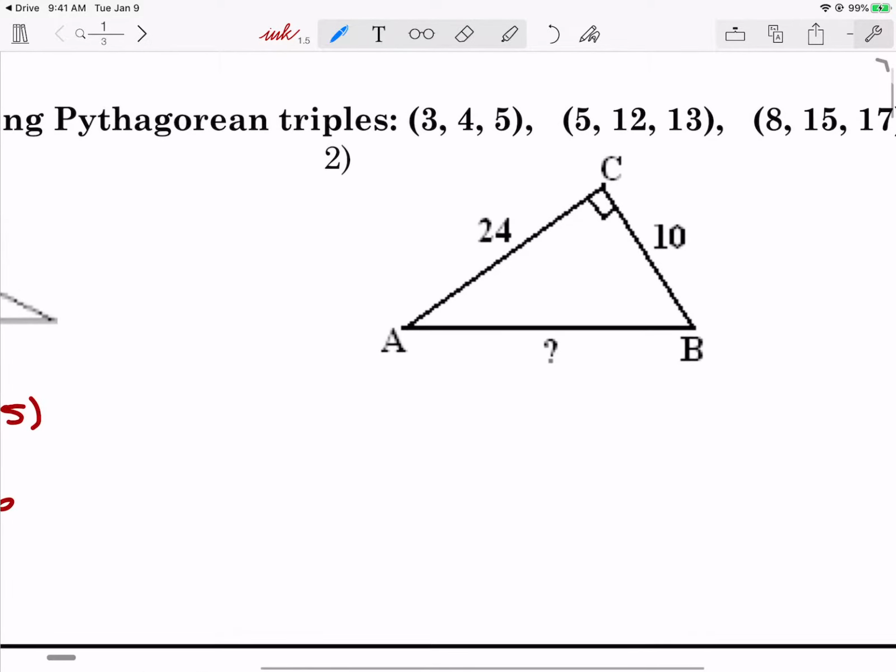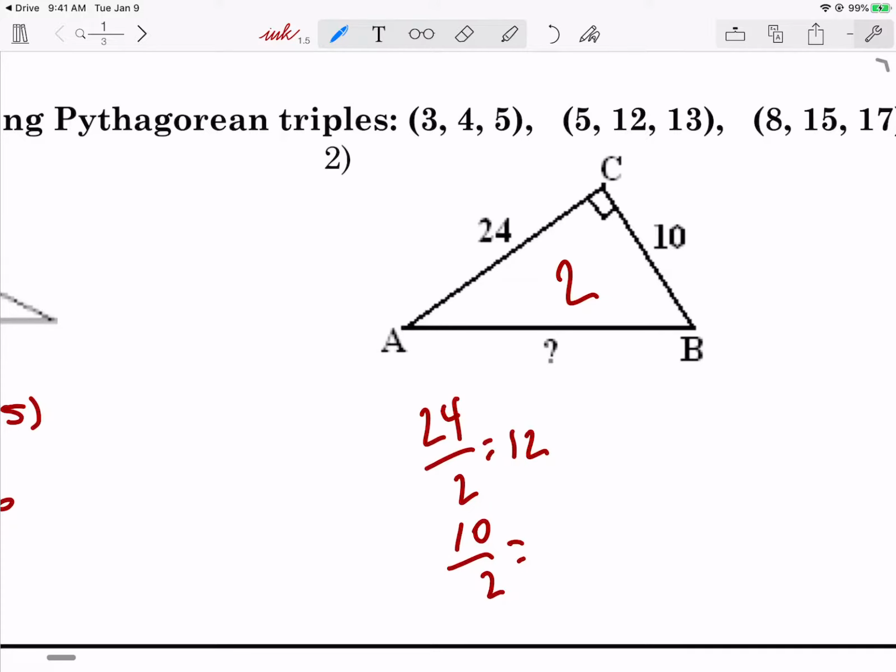All right, so we're looking at what 24 and 10 both divide by. I see they're both even, so I'm going to divide them by 2. There's my scale factor. 24 divided by 2 gives me 12. 10 divided by 2 gives me 5.